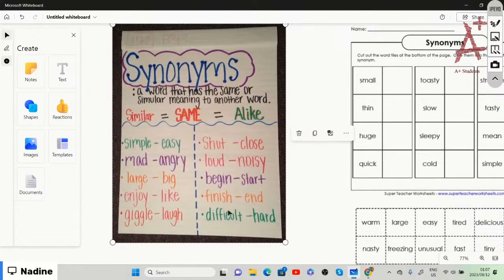So these are synonyms, words that have the same or similar meanings to another word, which means the words are either the same in meaning or almost alike in meaning. And as you can see, these words are different. However, the meaning is the same or almost the same.